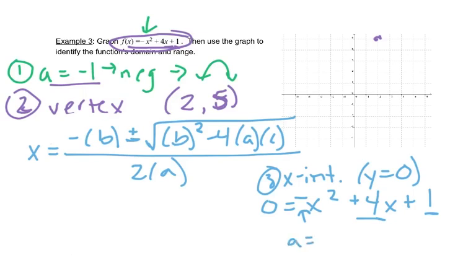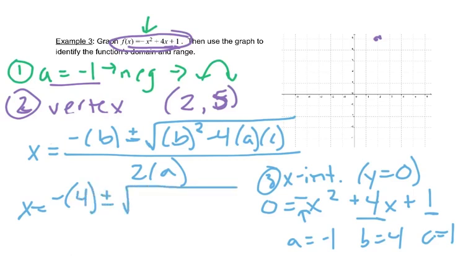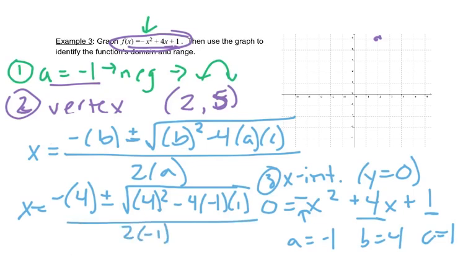So my a here is negative 1, my b is 4, and my c is 1. So I have x is equal to negative 4 plus or minus the square root of 4 squared minus 4 times negative 1 times 1, over 2 times negative 1.